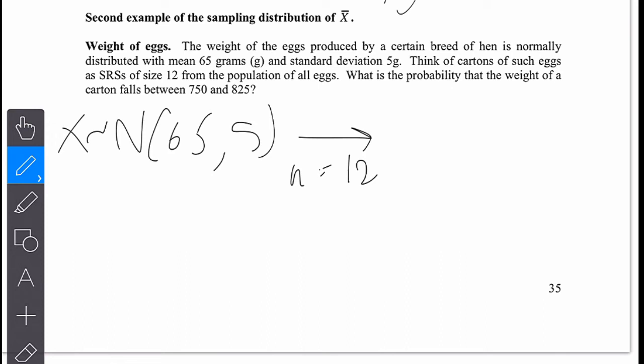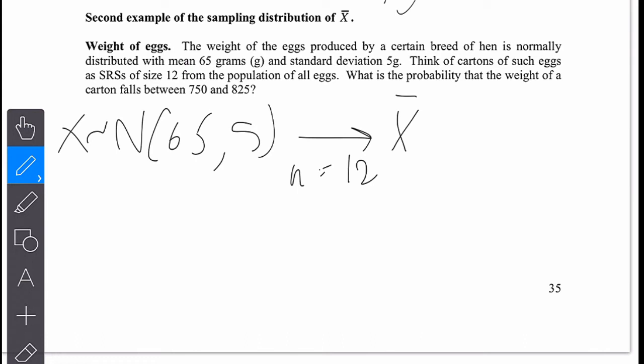So I want to know about the carton. From what I did above, what I'm going to get is the sampling distribution of the sample mean. So this is the average weight of an egg in the carton.